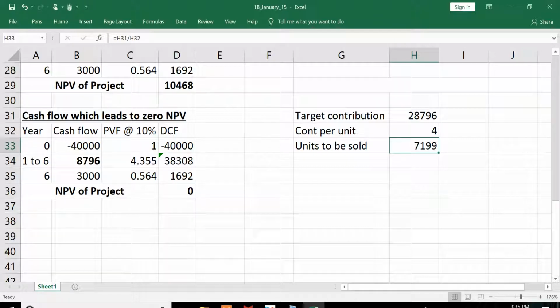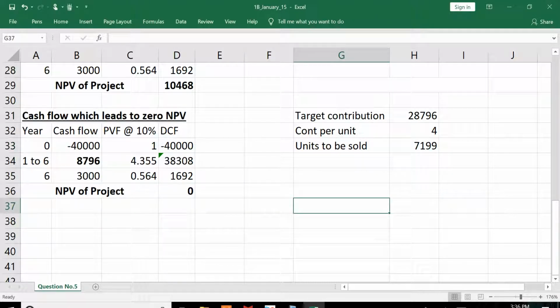To get that, we need to sell 7,199 units.